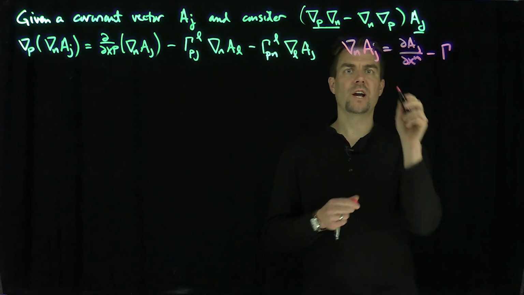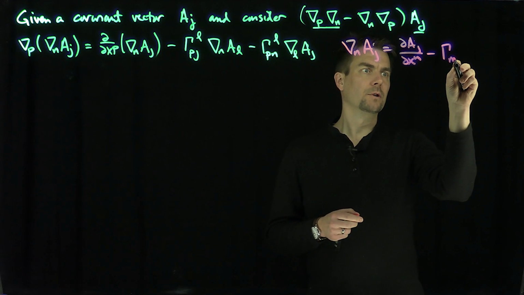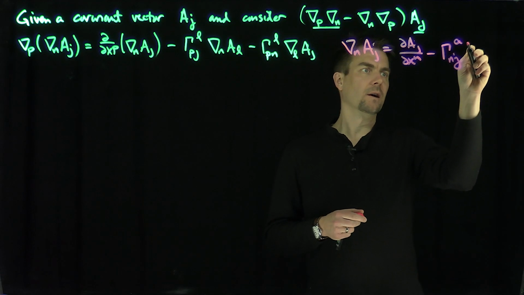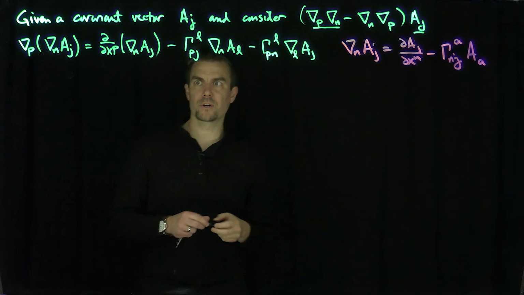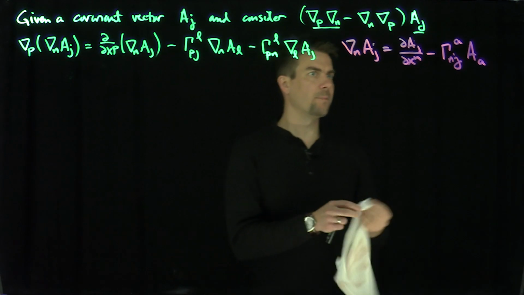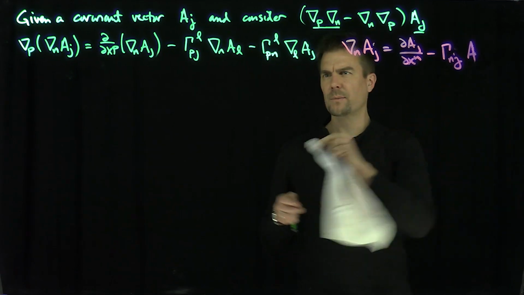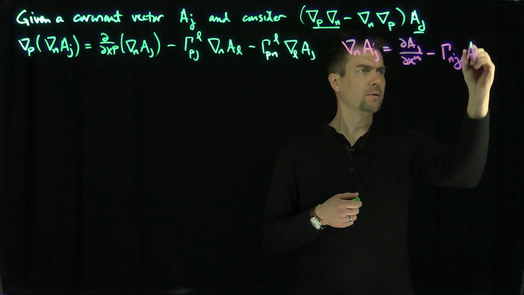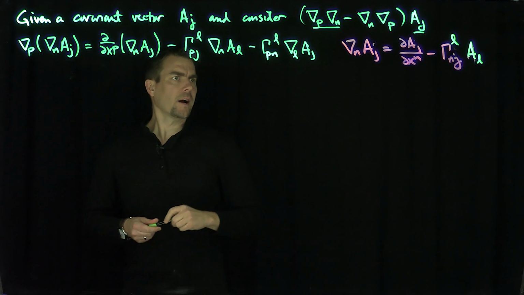I'm tracing over the J now, right? So I have an N in the bottom and a J in the bottom, and let's put an A on top over here, and then A sub A like that. Okay, that will give me that covariant derivative over there. And maybe we'll change that A to an L just for simplicity's sake to keep all my indices the same. Doesn't matter what you use for that index over there. All right, so let's turn that into an L and an L. Great. All right, that's the covariant derivative.